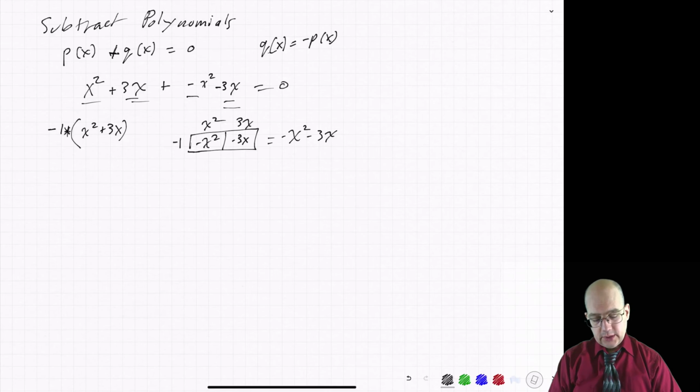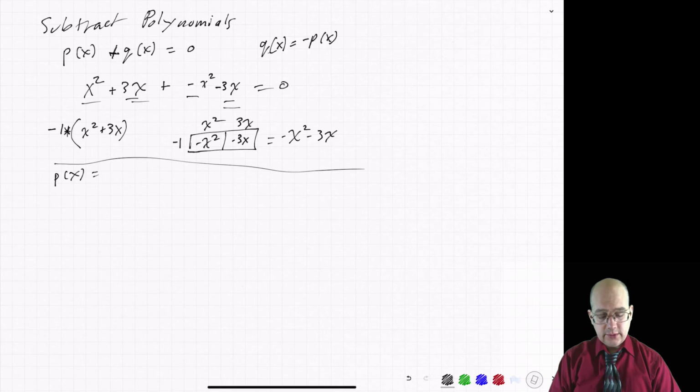So let's say I have the polynomials p of x equals 3x to the fourth plus 2x squared plus 7x minus 1. And q of x is equal to minus 3x.